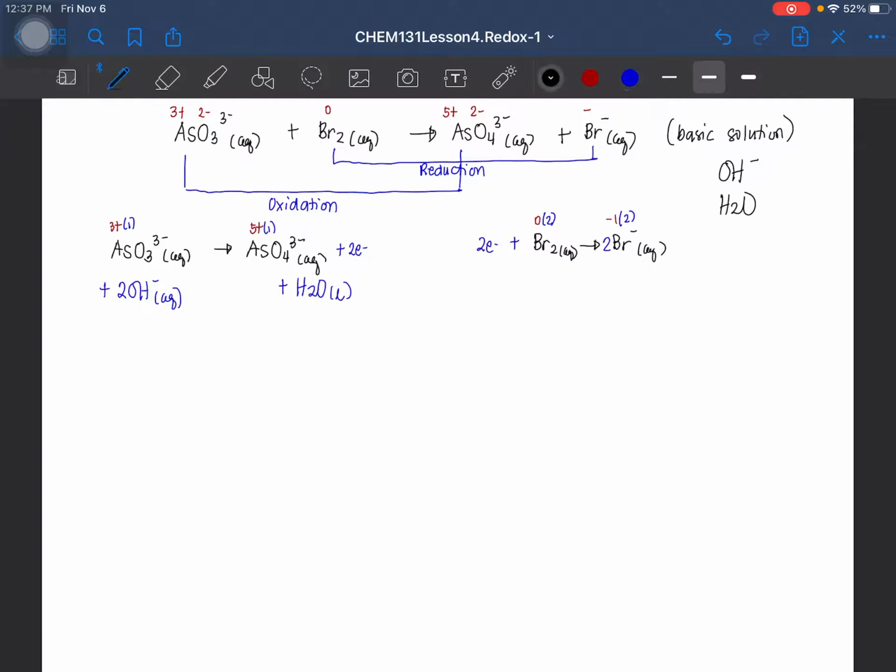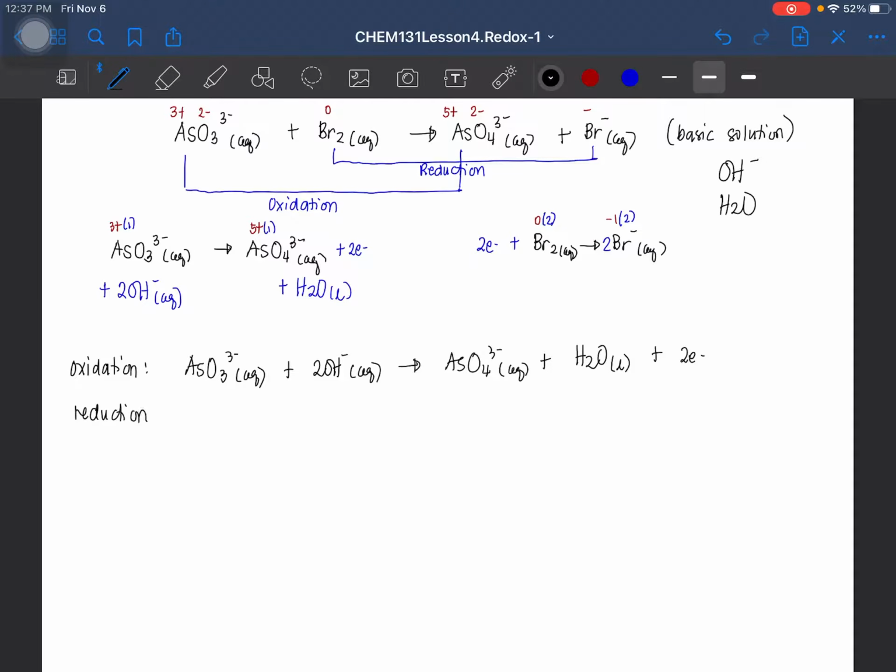So, if you write this again, for the oxidation, that's AsO3 3- aqueous, plus 2 OH- aqueous, producing AsO4 3- aqueous, plus H2O, plus 2 electrons.